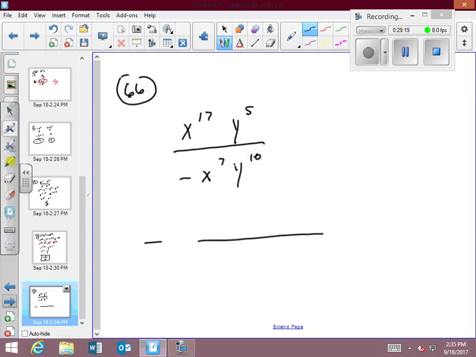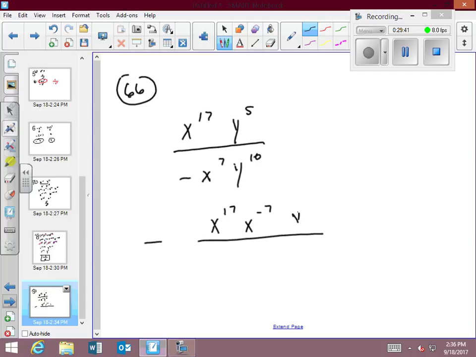Now, if we take everything to the numerator, we have an x to the 17th, and what would you bring up from the denominator to put it side by side? An x to the, and which kind of 7? Negative 7, right? Because it's positive 7 in the denominator, going up, it's going to be negative.